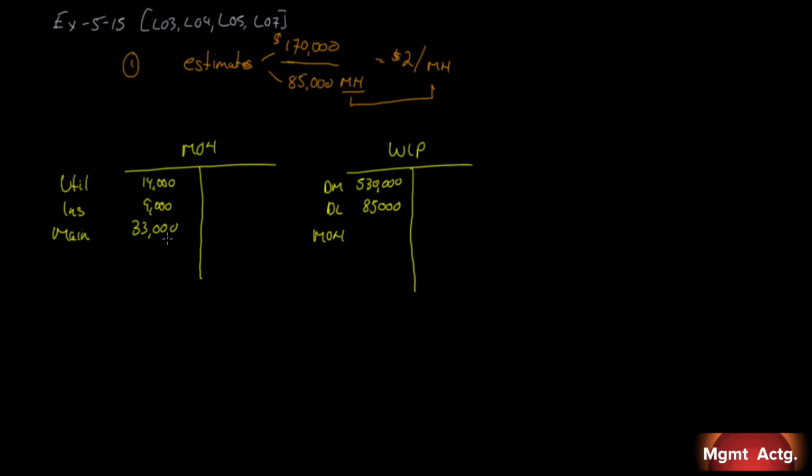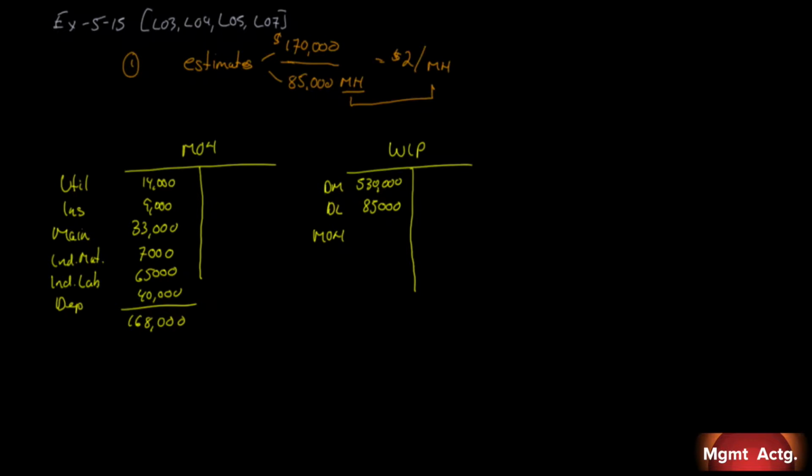And you should be writing these out as well. Indirect materials, remember that indirect materials is a manufacturing overhead, $7,000. Indirect labor is coming in at $65,000. And finally, we have depreciation, which will come in at $40,000. And if we total this side up, we get $168,000.